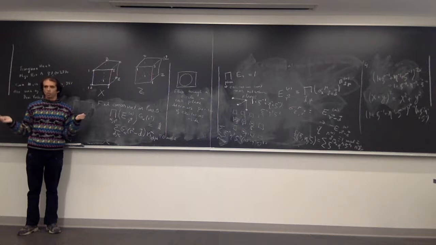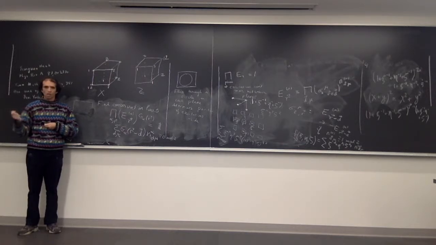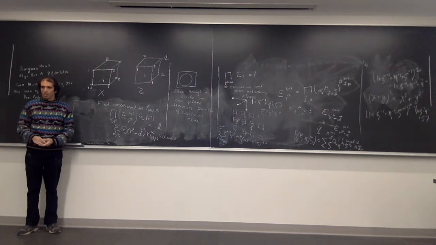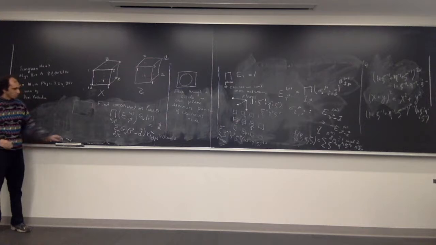So what should I do if I want to find normal modes of a spring matrix that has translational symmetry? What would I do? Your transform. Yeah, use Fourier, take a Fourier transform.